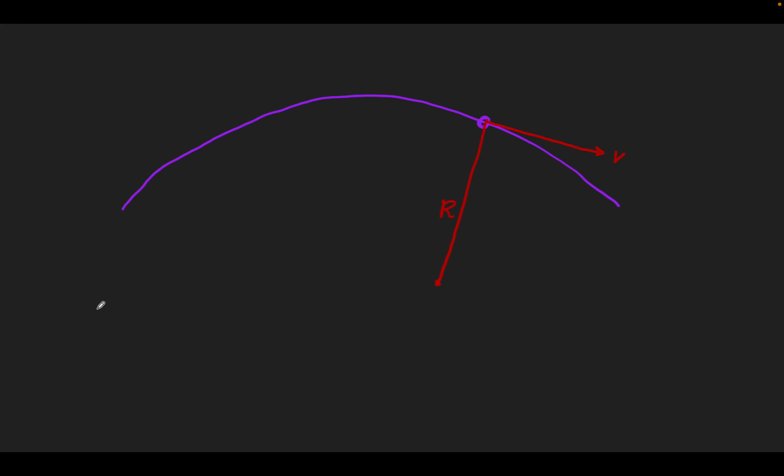Then I would say v square by r must be its... So at this moment you can assume it to be like a circular motion with the radius r. It is executing a circular motion with a radius of r, something like this. So that v square by r must be equal to its centripetal acceleration a.